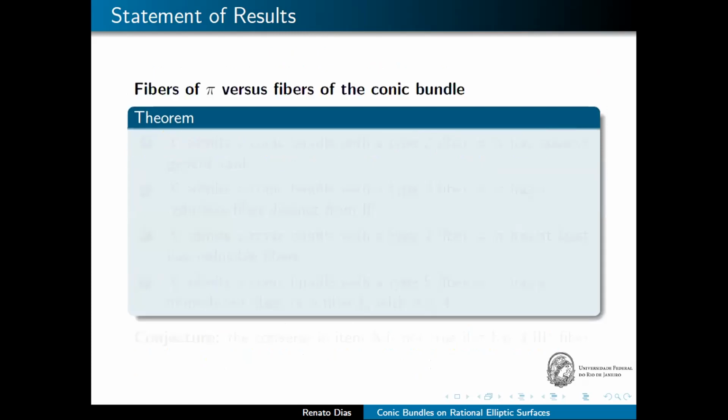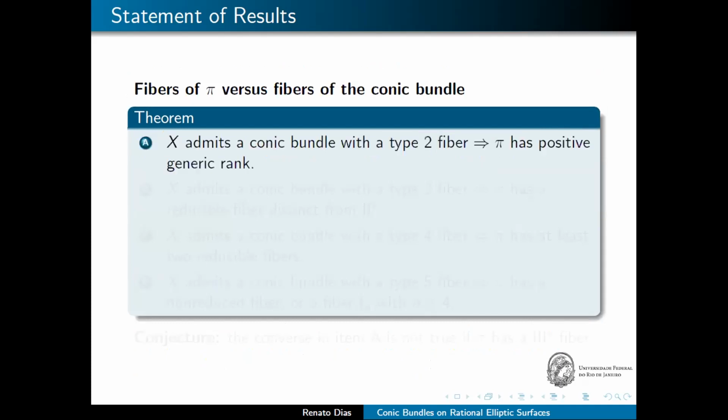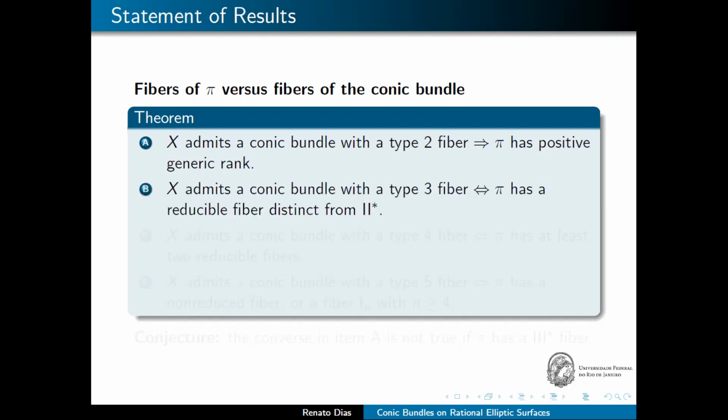And third, we have the relationship between fibers of pi and the fibers of the conic bundle. Here's the theorem. If X admits a conic bundle with a type 2 fiber, then pi has a positive generic rank. It admits a type 3 fiber if and only if pi has a reducible fiber distinct from 2 star.